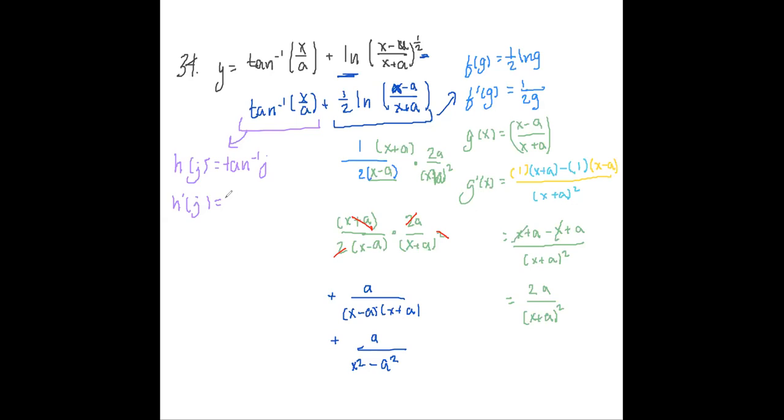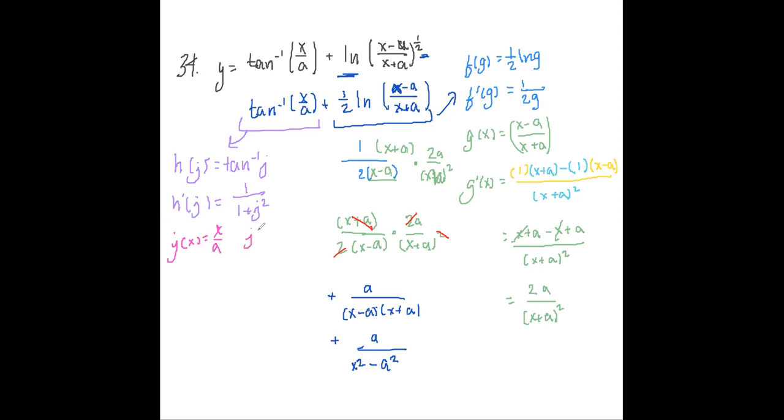I may have to check. I should have remembered that. Yes. It is going to be 1 over 1 plus j squared. And in this case, j is a function j of x. It's going to be equal to x over a.